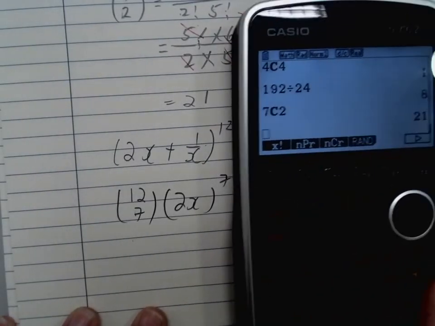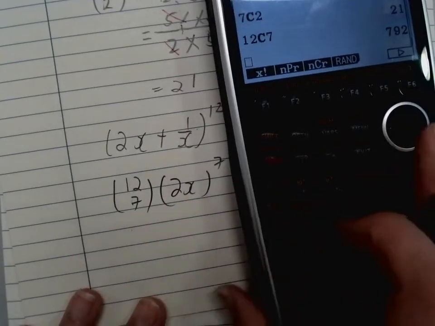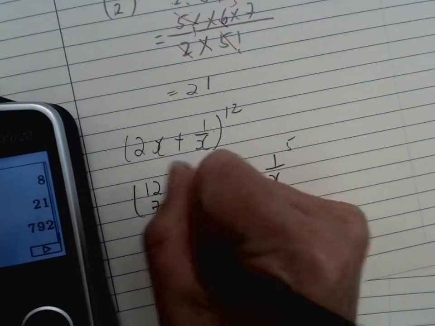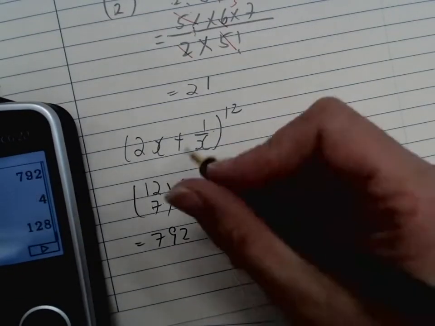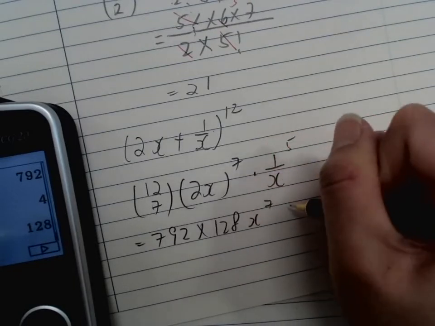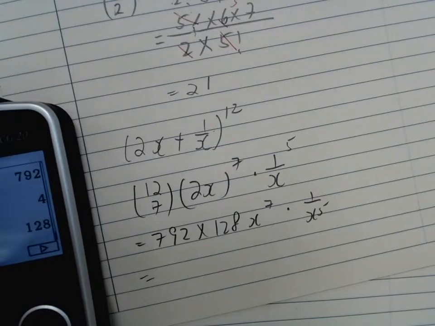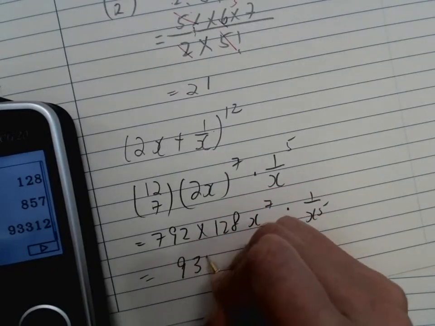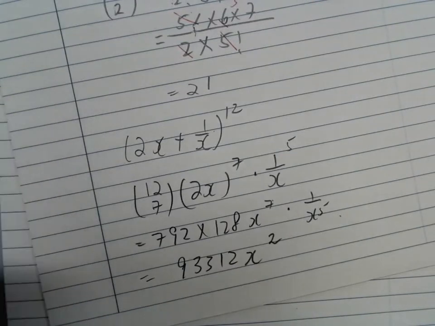If you're using calculator, it will be 12C7, we got 792, times 2 to the power 7, which is 128, x to the power 7 times 1 over x to the power 5. You can cancel these out. So we have 93312 x to the power 2, because it cancels out as well. And this is finding a certain term with the binomial expansion.